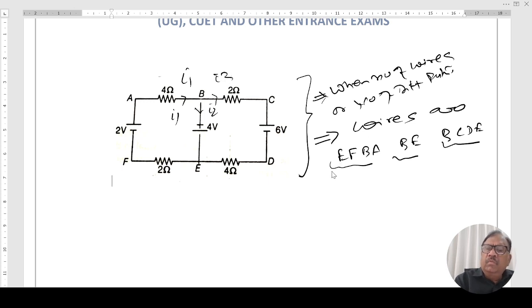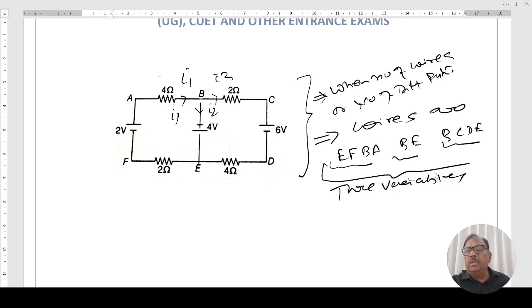Number of wires are 3, therefore 3 variables will be there: I1, I2, I3.